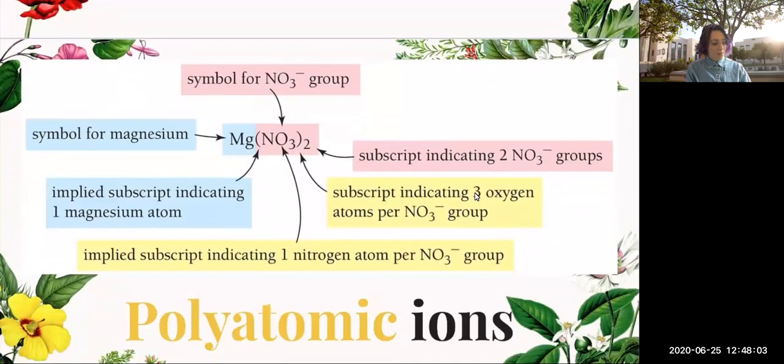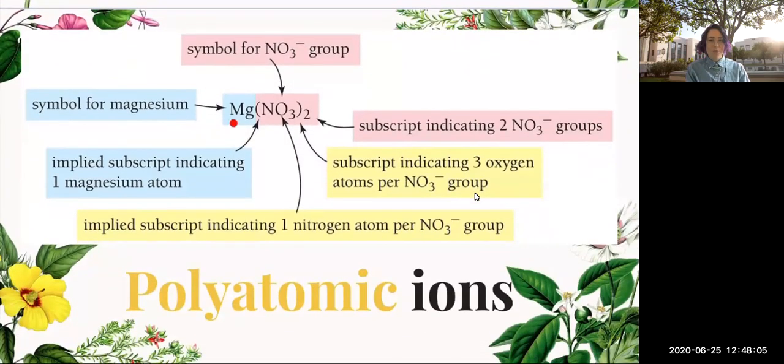Here's a more complicated chemical formula dealing with a polyatomic ion. A polyatomic ion is on a list of things that you're memorizing for this module. If you ever need more than one of these polyatomic ions, you must use parentheses around the polyatomic ion. What you want to indicate here is there are 2 of this nitrate group, indicating that there are 2 NO3s.